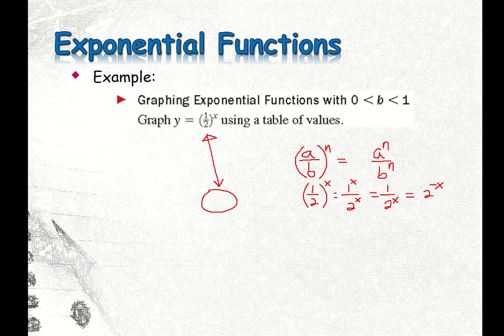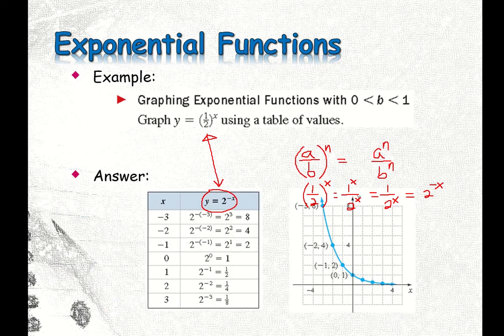But in our next example, for b less than 1 but greater than 0, we have the exponential graph in the opposite direction, rising in the opposite direction.